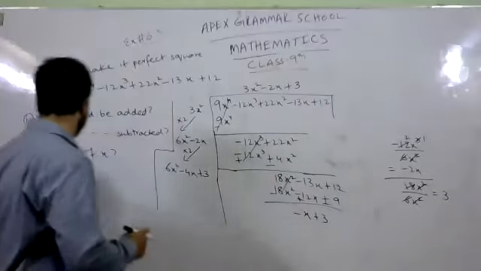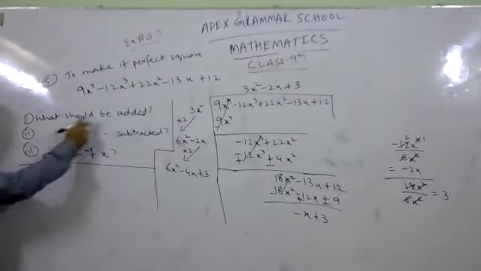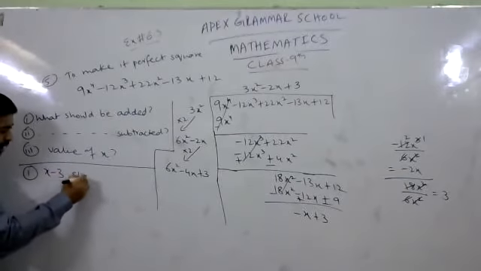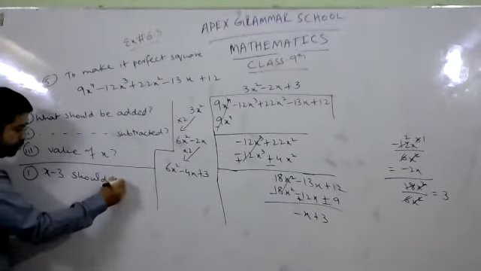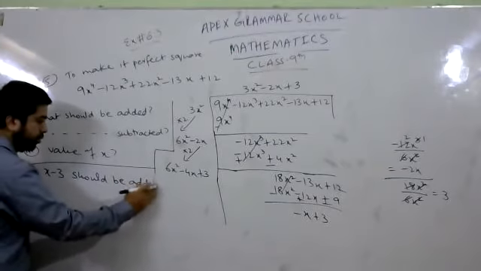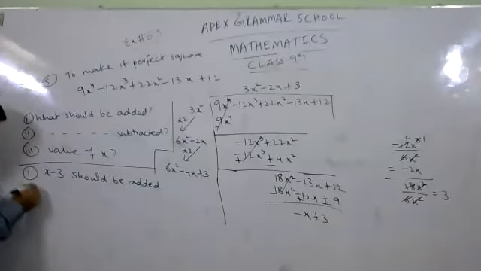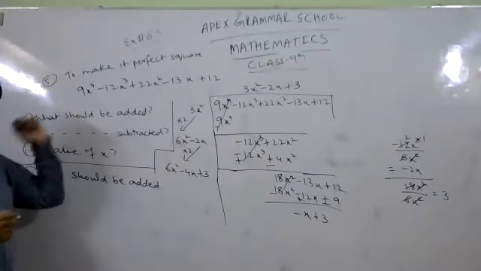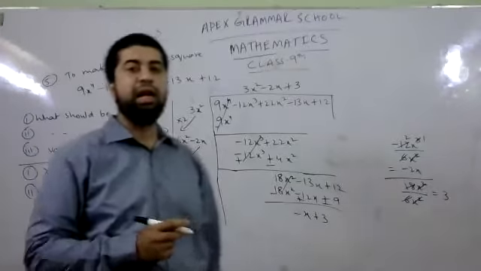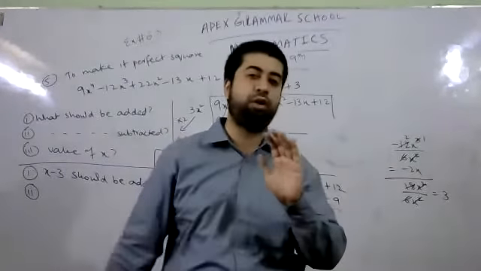So our first answer is what should be added. We can say that x minus 3 should be added. This was our first part. The second is what should be subtracted. If I have the value 2, then what should be subtracted to make it 0?